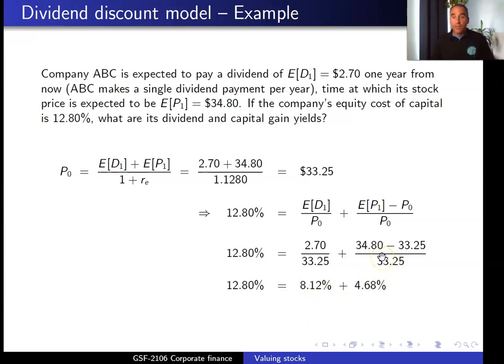And the stock is expected to appreciate to $34.80, which is a 4.68% increase from the initial price of $33.25. So the total return of 12.8% is the combination of a dividend yield of 8.12% plus a capital gain appreciation of 4.68%.